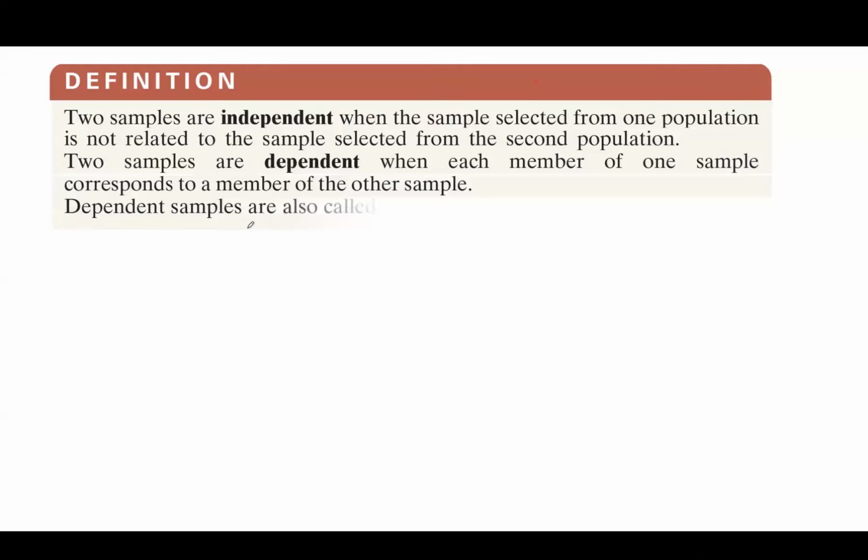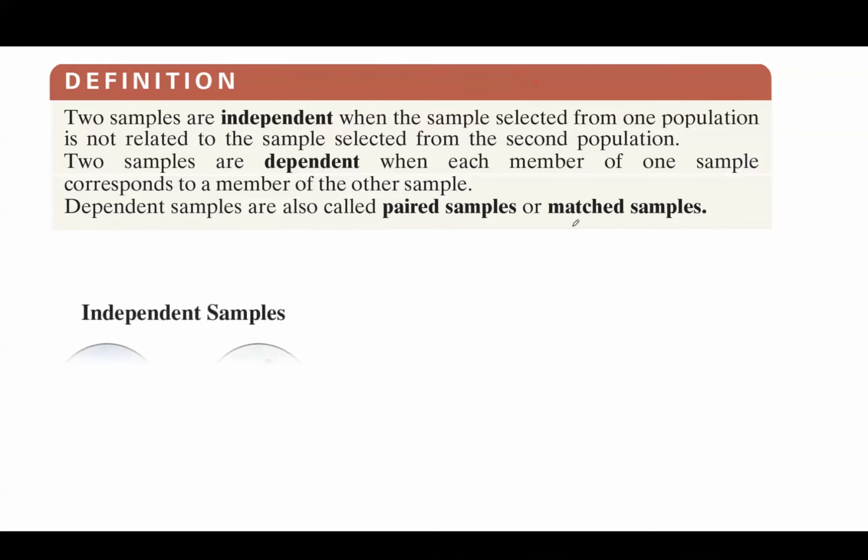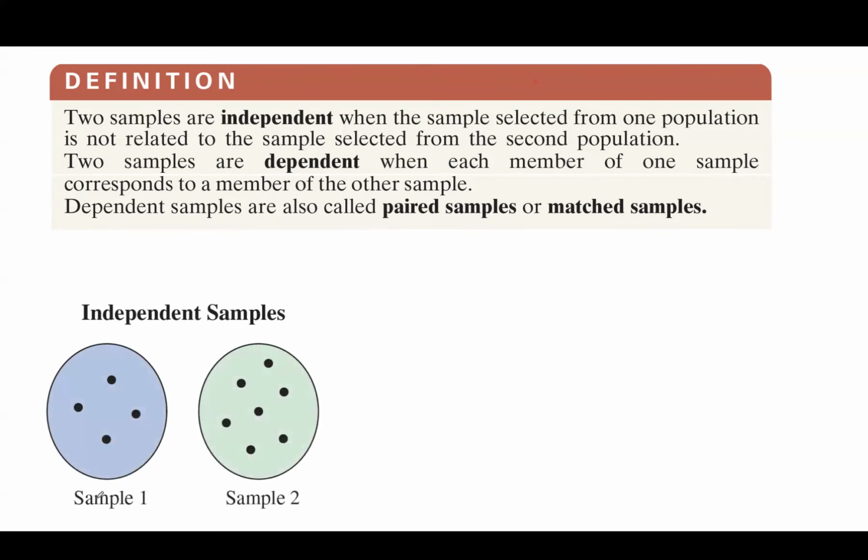For dependent samples, we usually call them paired samples or matched samples. So in different statistics and data science books, you might see these two terminologies as well. For independent samples, the visualization is, for example, the number of members in sample 1 is 4, and in the second sample, you have, for example, 7 members.